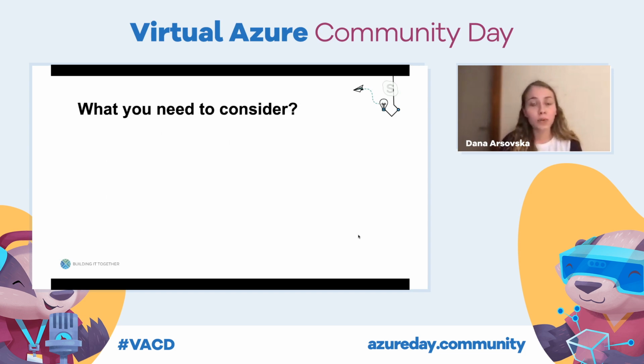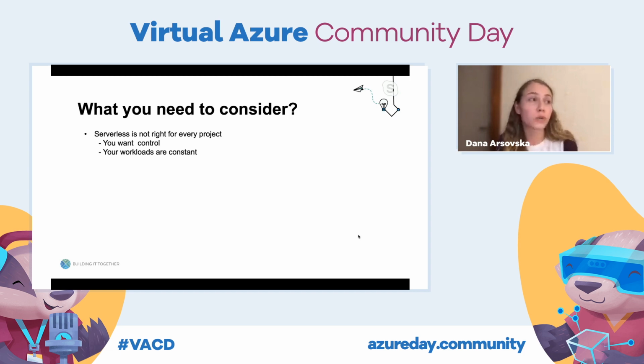So what do you need to consider before deciding whether you want to move your application to become serverless? First of all, you should be aware that serverless is not right for every project, especially if you want complete control over things. Also, if your workloads are constant, then it's probably not a good idea to use serverless. Serverless is awesome when you have basically changing workloads.